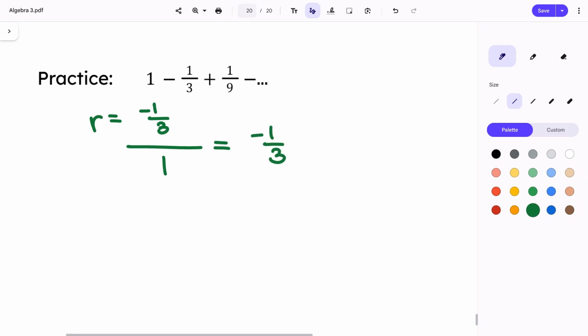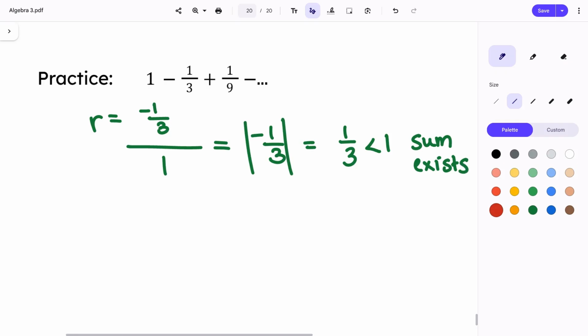Okay, again, my absolute value here of this is what they really want me to focus on. That's still just 1/3. That's still less than 1, so a sum will exist here, which means we can use that formula from the other page. So we're going to do 1 over 1 minus negative 1/3. And that 1 on the top came from the first term.